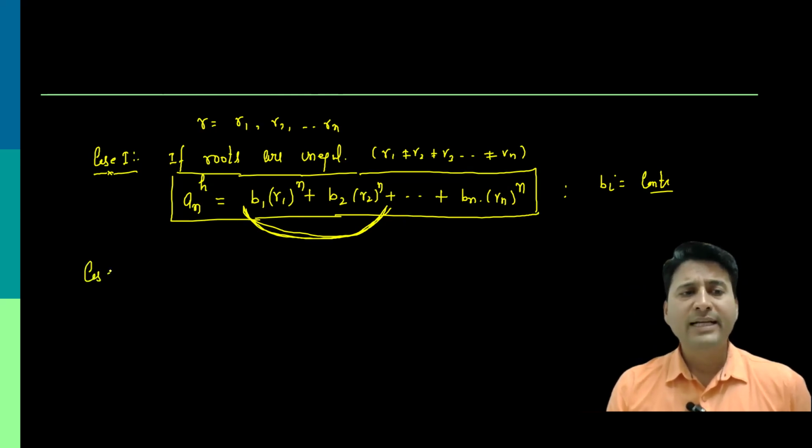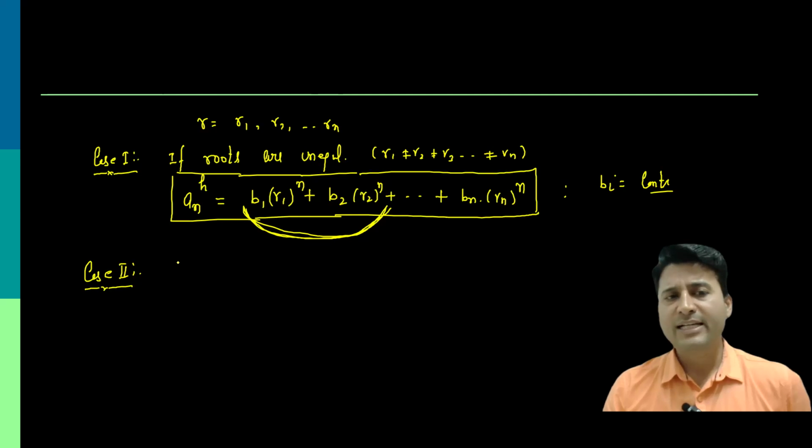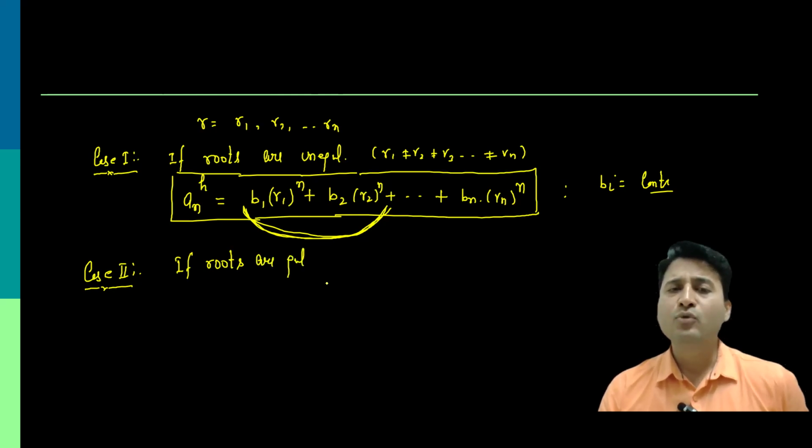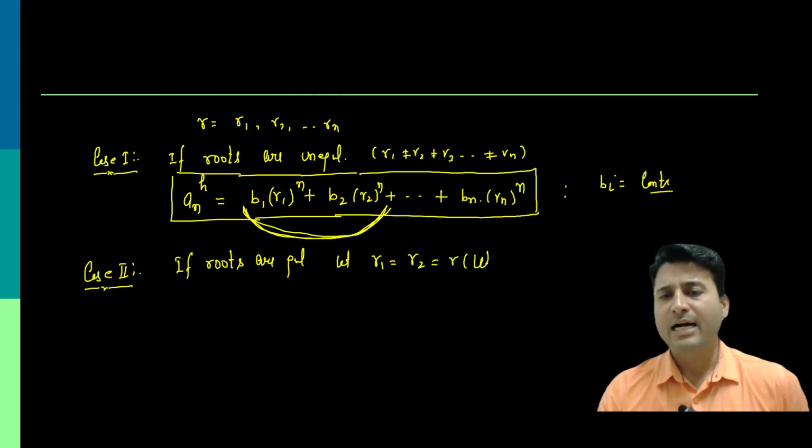Now moving on to case number 2. This case says that the roots of the equation are equal in nature. Suppose I am taking the case of two roots, and both of them are equal. Suppose their common value is r.